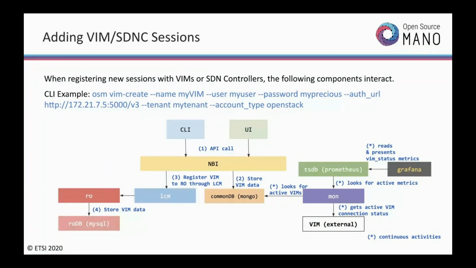And you should be able to see the VIM list in Grafana automatically as soon as you create the VIM, okay? But at least you will have it in Prometheus at this point in time, so that you can create your own dashboard here in Grafana. Okay, so we have more components here interacting with each other when a VIM is created.